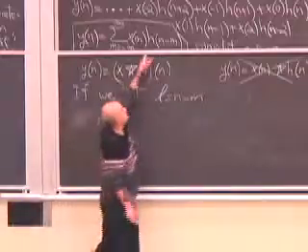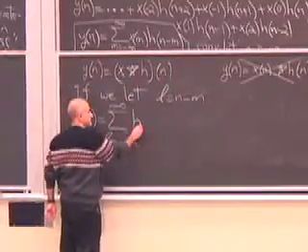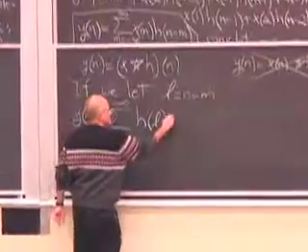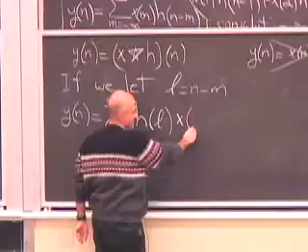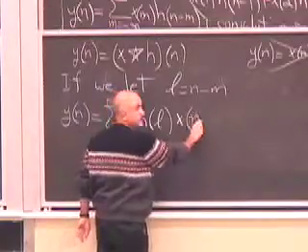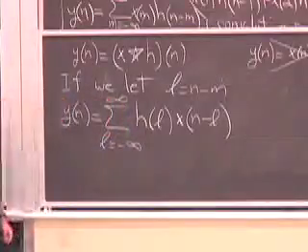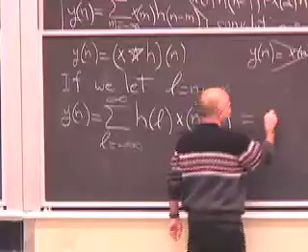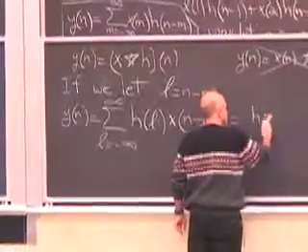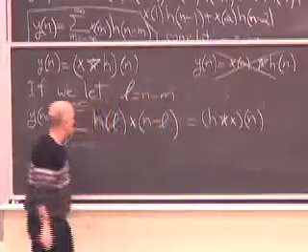What happens to the h? H of what? L. What happens to the x? Do it fast and tell me. N minus L. Okay? This we call the convolution of h and x.